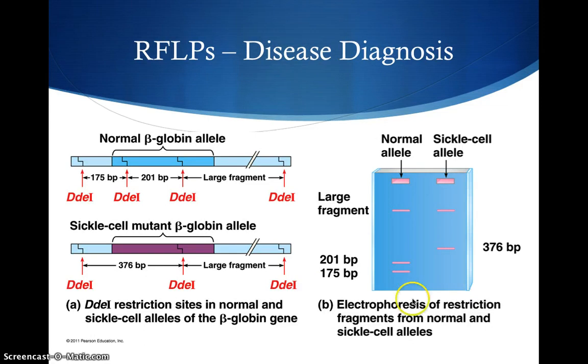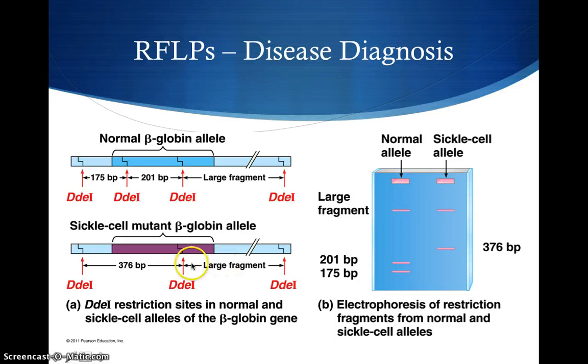Well, actually, let me show you a picture. I forgot I sent this picture here. We use a restriction enzyme to cut at a very specific site. Let's say we have a normal person who has the beta globin like this. It's supposed to cut twice. However, if we have a sickle cell patient, it's only going to cut once because there's a mutation right here.